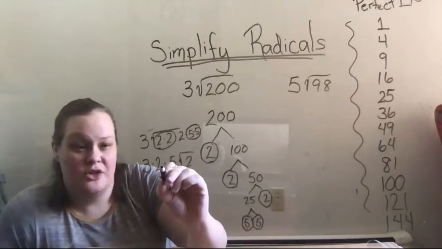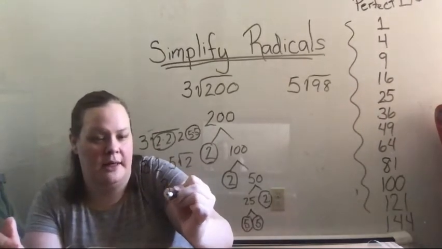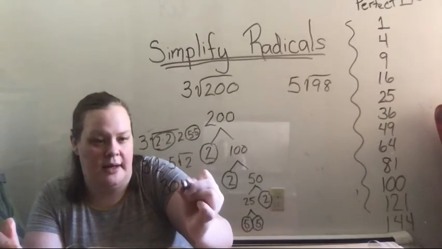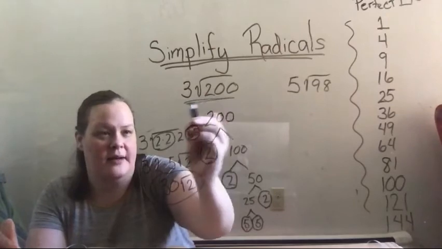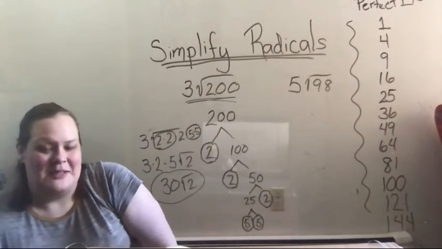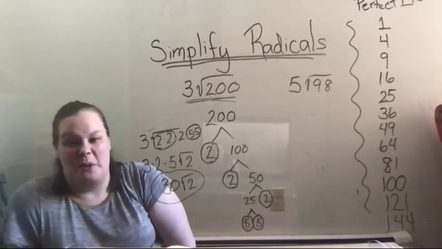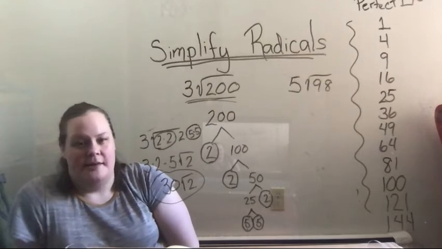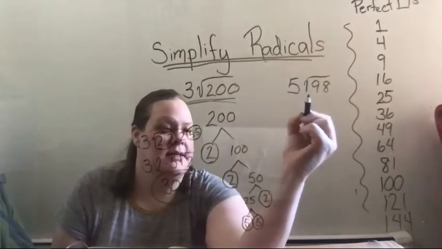So 3 times 2 is 6, times 5 is 30, and that's square root of 2. So this would be your number simplified of 3 times the square root of 2. Okay, so you're leaving that number on the outside, just multiply it by what you find of the simplified part inside. Let's look at one last example.